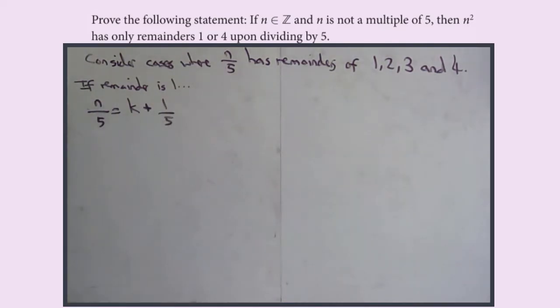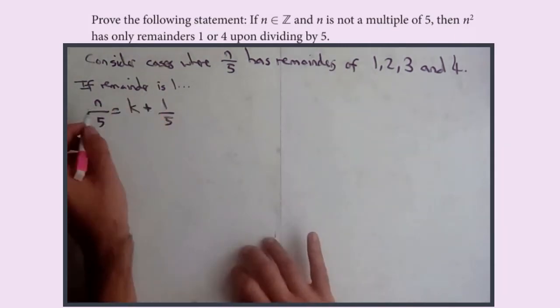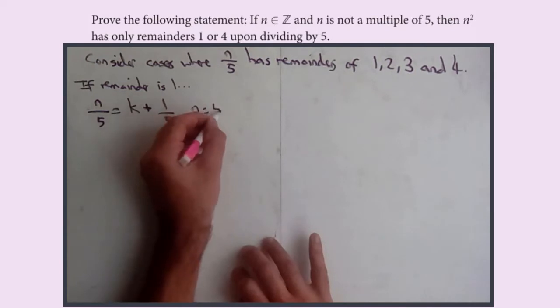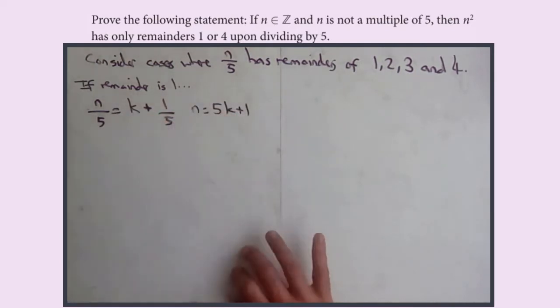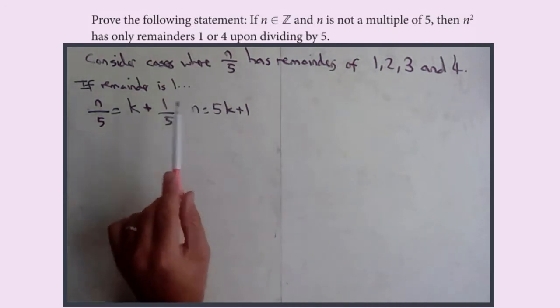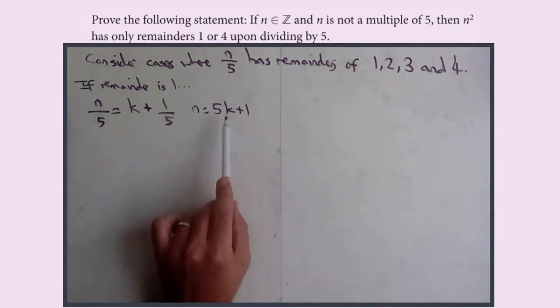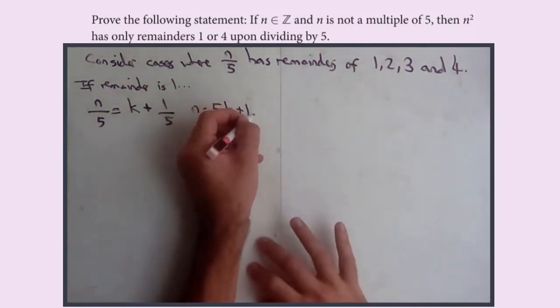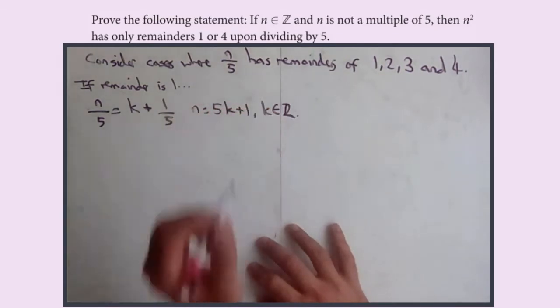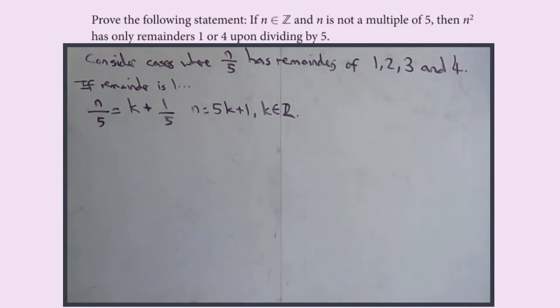So if I multiply all of that by 5, that says n equals 5k plus 1, right? So if the remainder is 1 when n is divided by 5, n equals 5 times k plus 1, where k is an integer. k must be an integer for that to work.